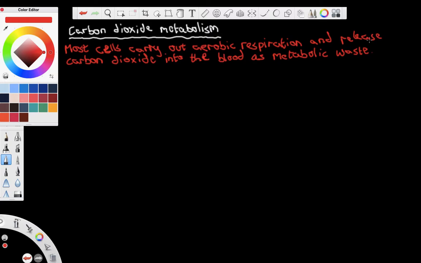Okay, now carbon dioxide released into the blood is carried by either carbaminohemoglobin or hemoglobinic acid to the lungs where it's gotten rid of.